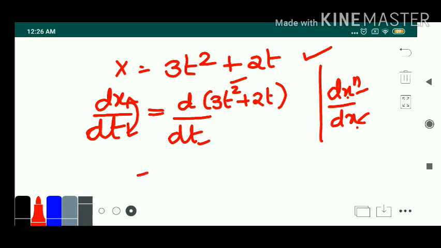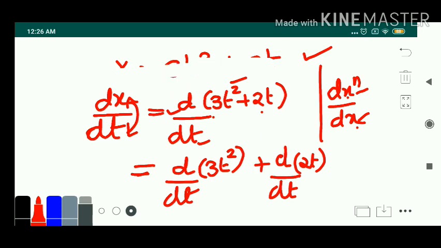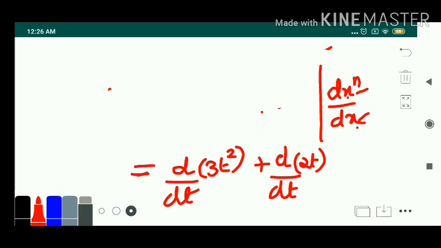Now I'm going to split it, guys, just like a mathematical function. d by dt of 3t squared plus d by dt of 2t. That is, you are applying d by dt to both the terms. Simple, right? Now, d by dt of this function: 3 is a constant value.